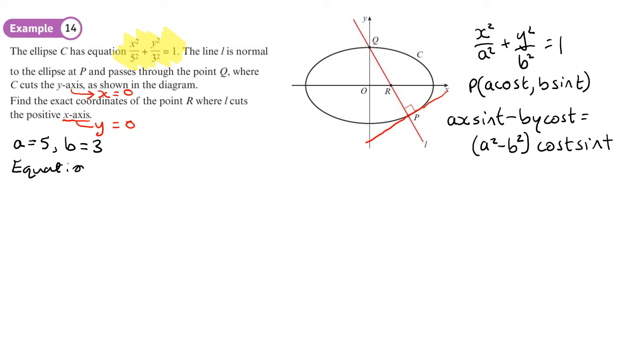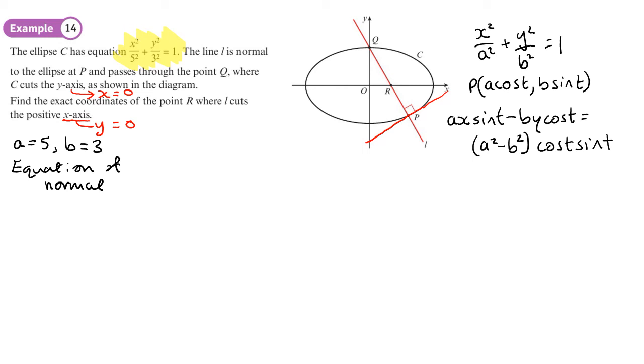If you've memorized it, you can use it. If you haven't, then you would have to differentiate parametrically to find the gradient, and once you've got the gradient, use y minus y1 equals m(x minus x1), and actually that won't take too long, should only take a couple of minutes to do that.